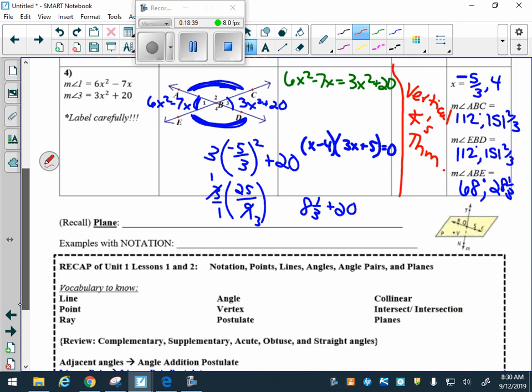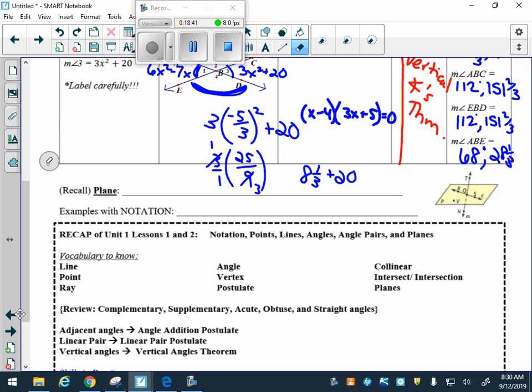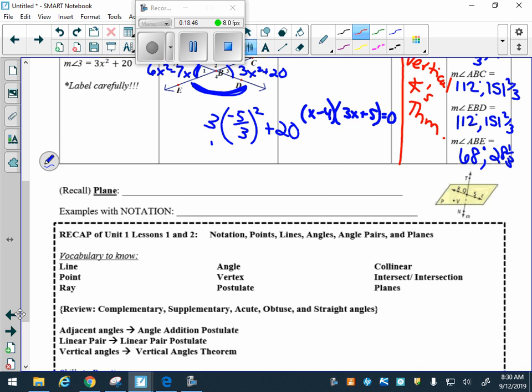Okay, so just a little. Remember from lesson 1.1, we talked about what a plane is. And endless what? Flat surface. Yeah. So I forgot to put in what the notation was for plane in our lesson 1.1 notes, so I squeezed it in here.